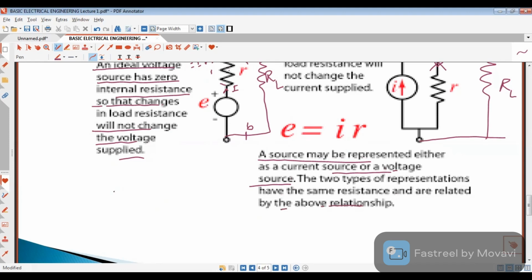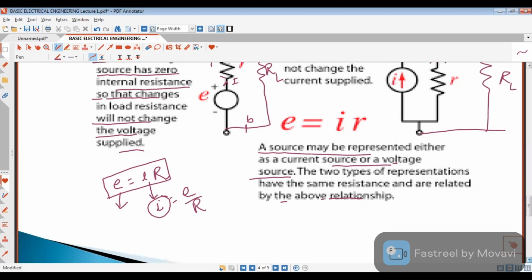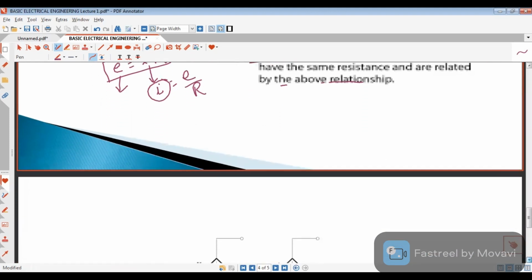So from Ohm's law, E equals I multiplied by R, so current will be E by R. So this is a current source and this is a voltage source. It is just two different types of representation, but the meaning of both is the same.